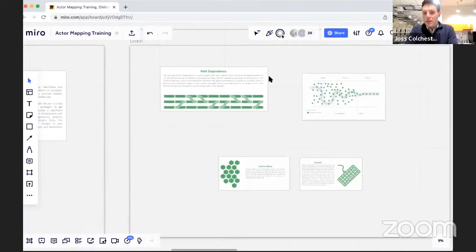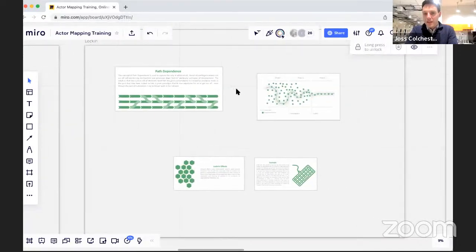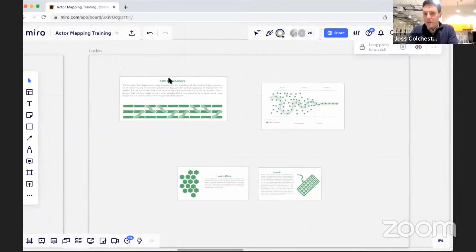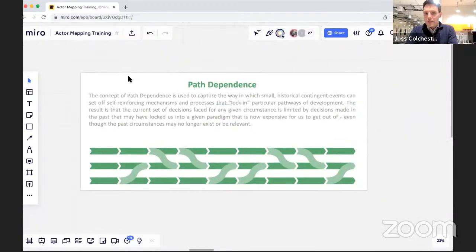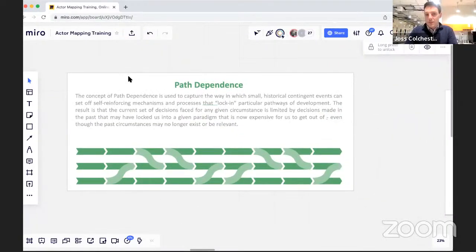So part of this is this idea of path dependence, right? And this gets to the idea of history matters and lock-in. Maybe you've heard of this idea. So path dependence, the concept is used to capture the way in which small historically contingent events can set off self-reinforcing mechanisms and processes that lock in particular ways of development.